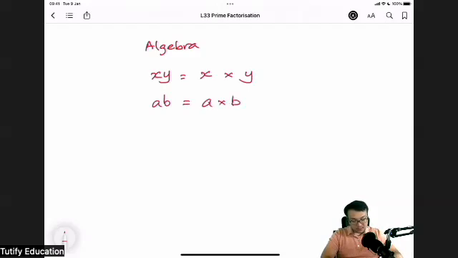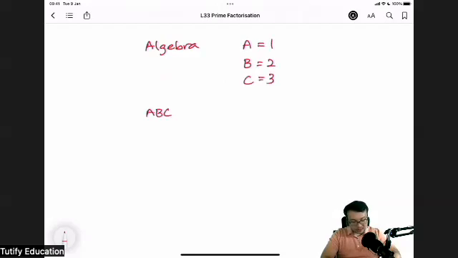Understand? So what is the difference? Let's say I have A equals 1, B equals 2, C equals 3. If I write ABC like this, what does it mean? It means A times B times C. That means 1 times 2 times 3, I will get 6.